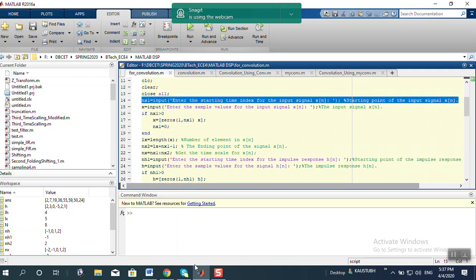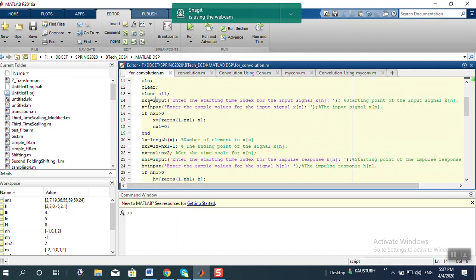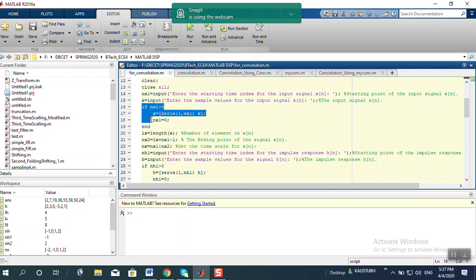So next, for getting the starting time index, we get the signal values of x of n. Now here I have incorporated one more thing. Suppose for the signal you have entered nx1 as a positive integer instead of negative or 0, say for example 2. Then at 0 it is 0, at 1 it is 0, and from 2 the actual signal will start.